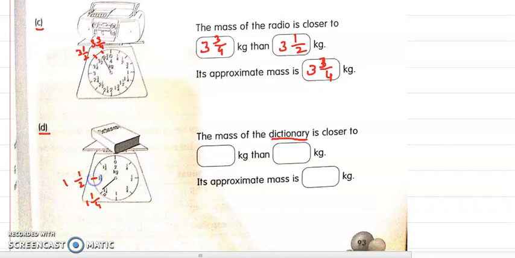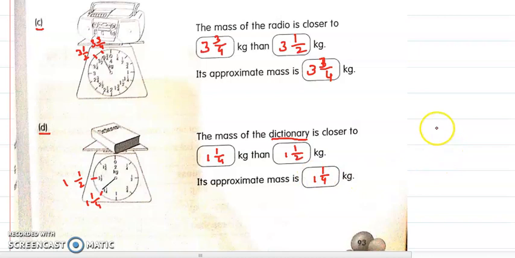This point is 1/2 and this is 1/4. So I will say it is near to 1/4. It is closer to 1/4 than 1/2. So as it is closer to 1/4, its approximate mass is going to be 1/4.